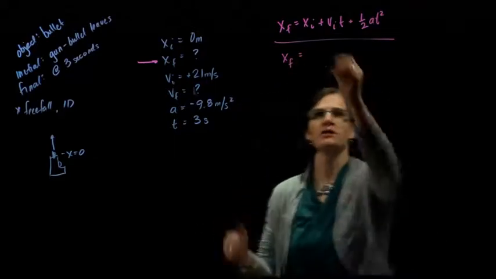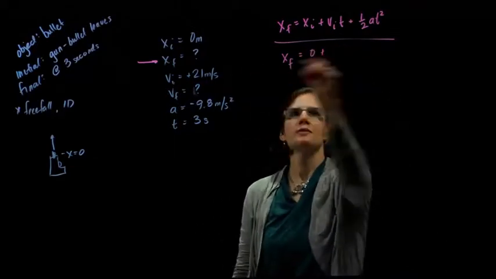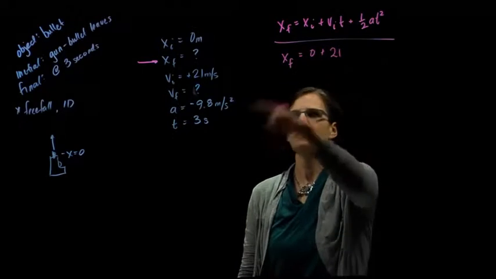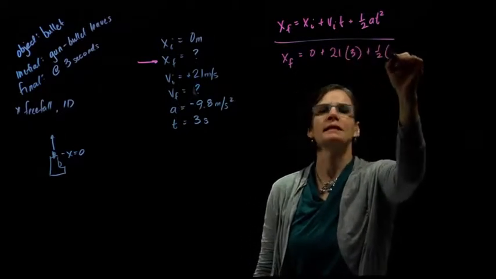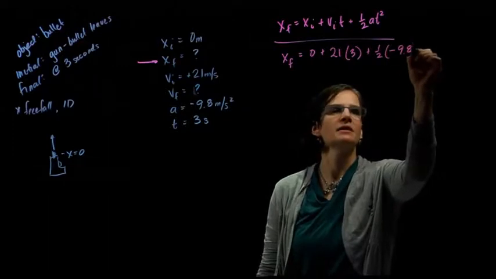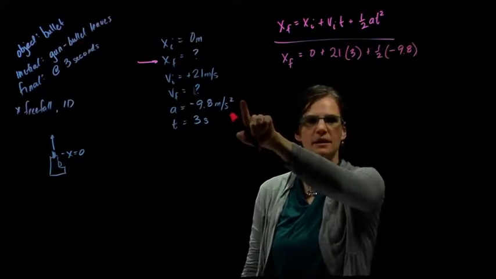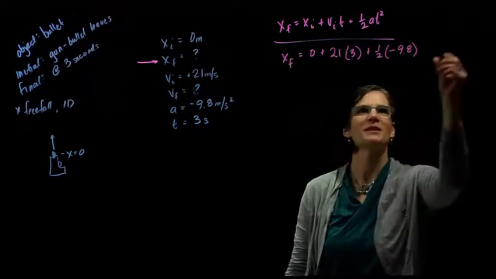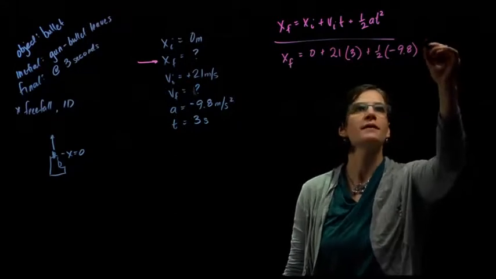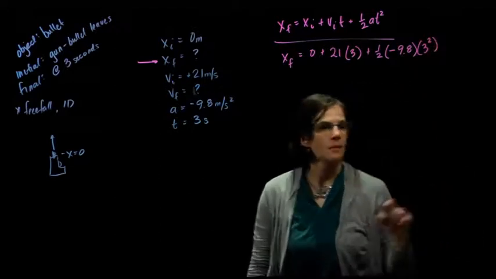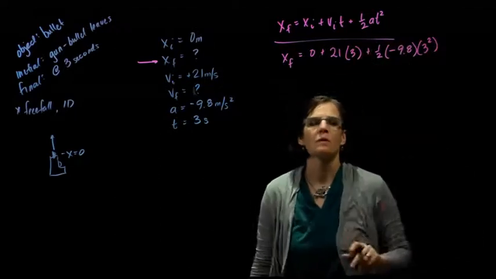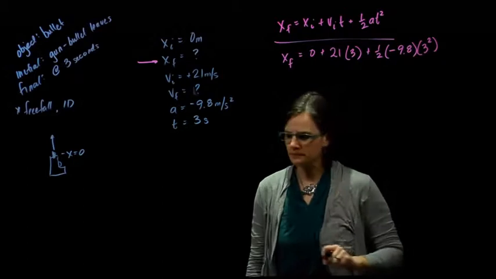X initial is given to us as 0. V initial is 21 times the time of 3 seconds plus 1/2 negative 9.8. Don't forget that whether it's up, down, or sideways, acceleration due to gravity is always negative in free fall. And our time of 3 seconds squared. A common mistake is to square the whole thing. Remember, it's just the time that's squared.